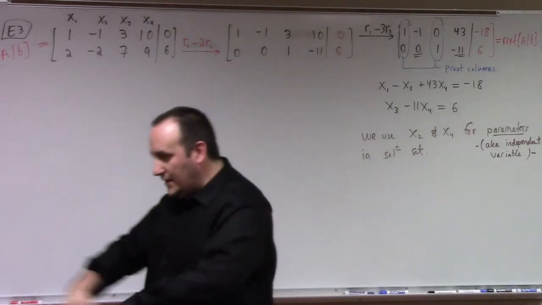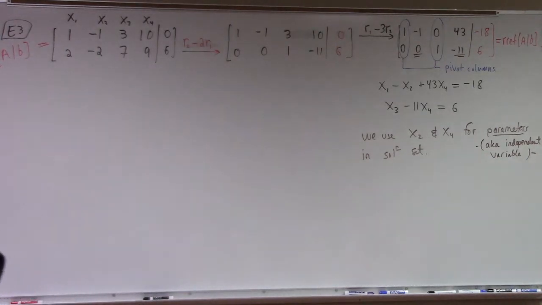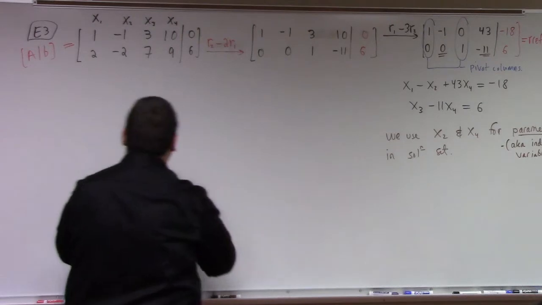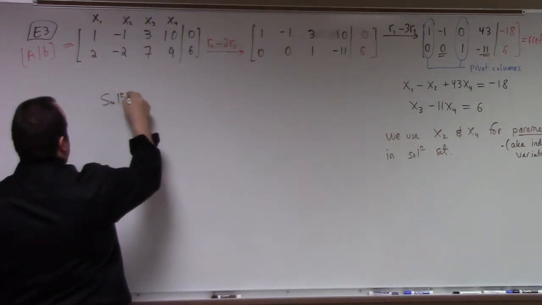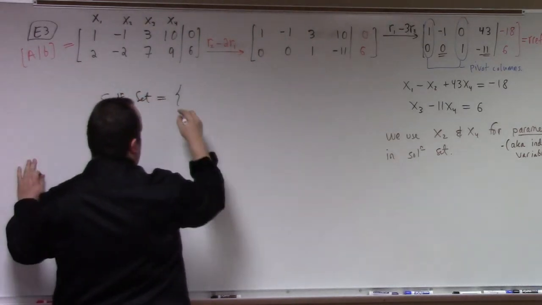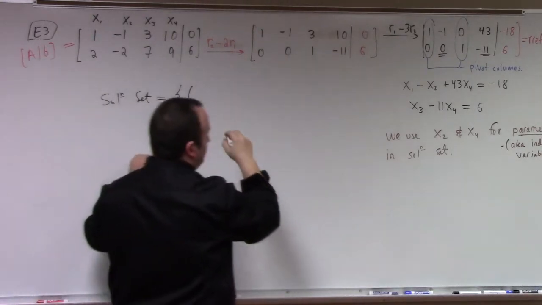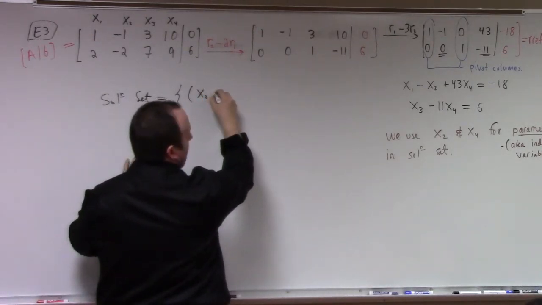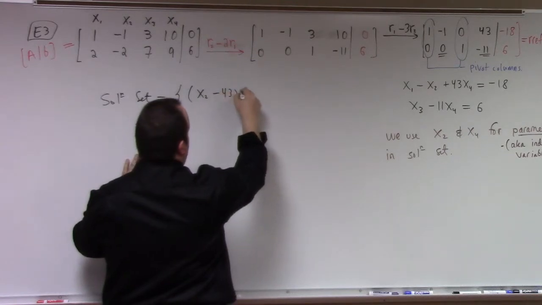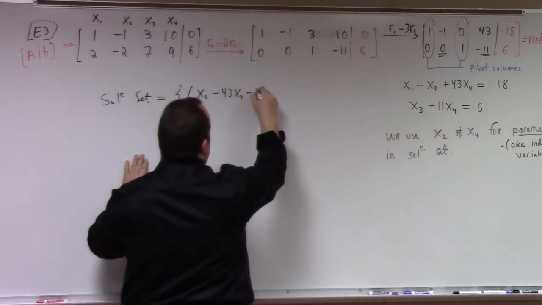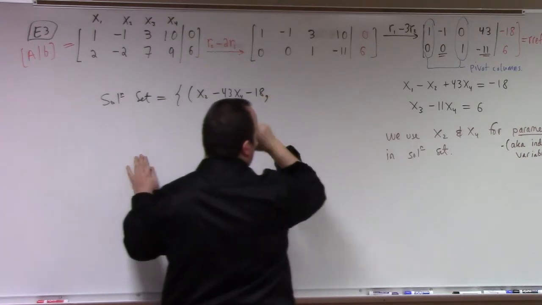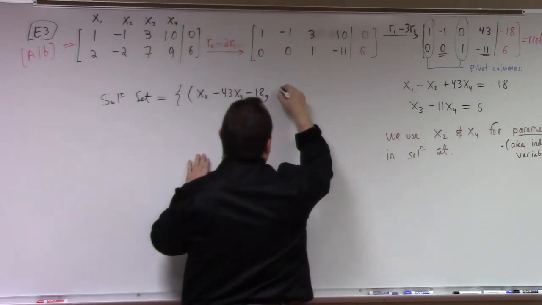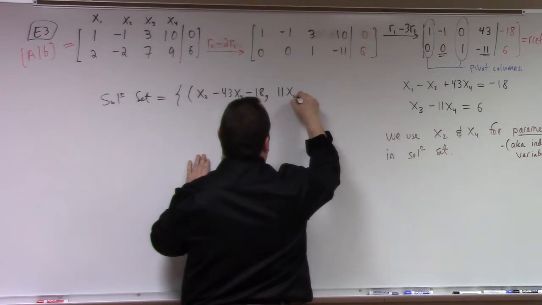It's any real number, or any whatever field I'm working over. Let's say that these are real, for the sake of discussion. Okay, so what's the solution set? So we've got x1 equals minus x2 minus 43 x4 minus 18, comma, 11 x4 plus 6.